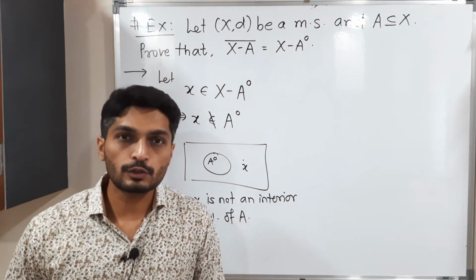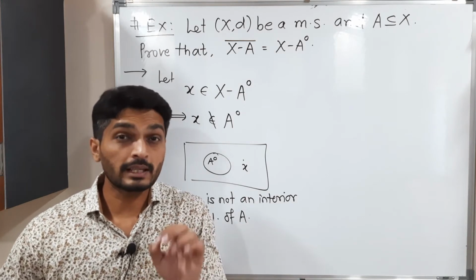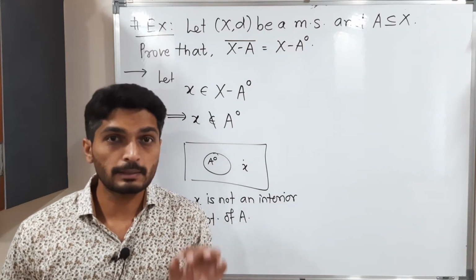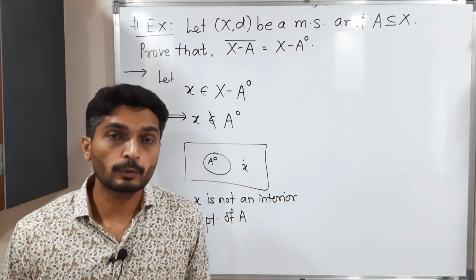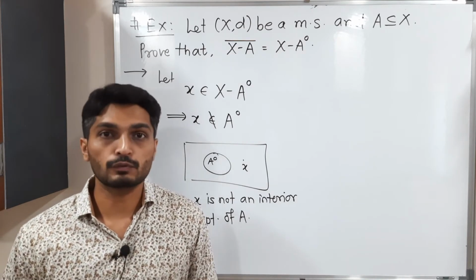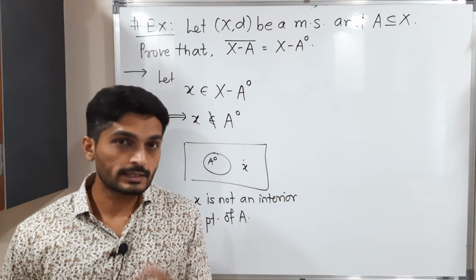What is the definition of interior point for A? There exists r greater than 0 such that B(x, r) is a subset of A. We are getting that it is not an interior point. That means we are supposed to write exactly the opposite definition.